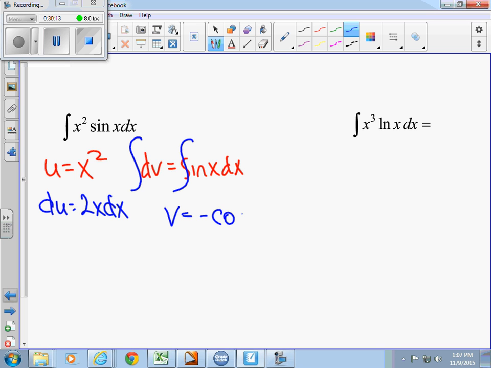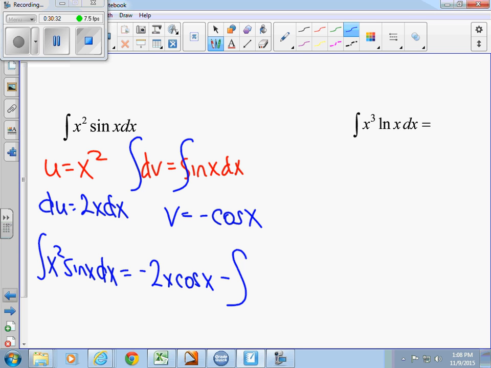Negative cosine of x. And here's the problem. v du minus the integral.